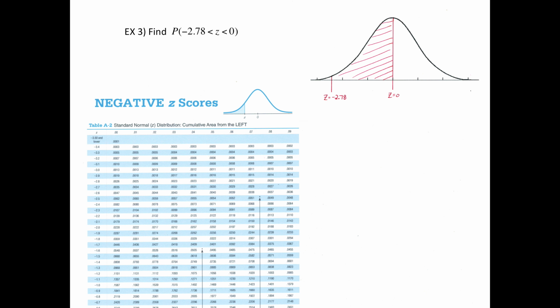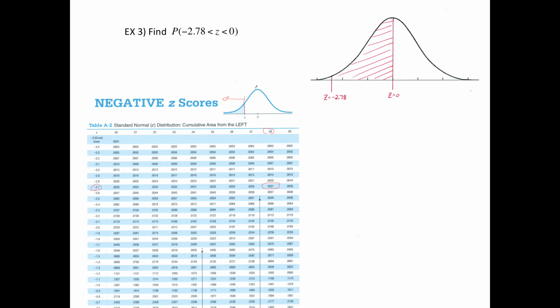How about when the z is between negative 2.78 and 0? Like I say, it's a good idea to draw the picture, indicate the shaded area, and we need to look up the negative z-score. Negative 2.7 is here. The 8 is here. And those two meet right here. On this picture, that's telling you what the left tail is.